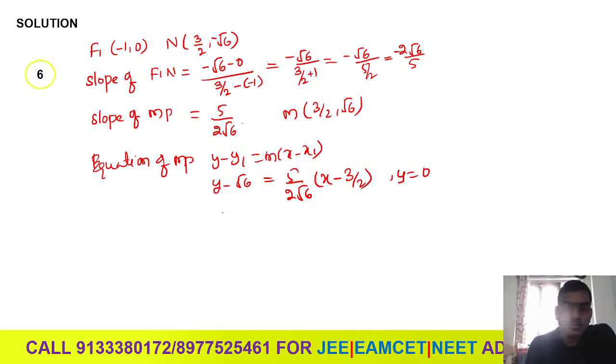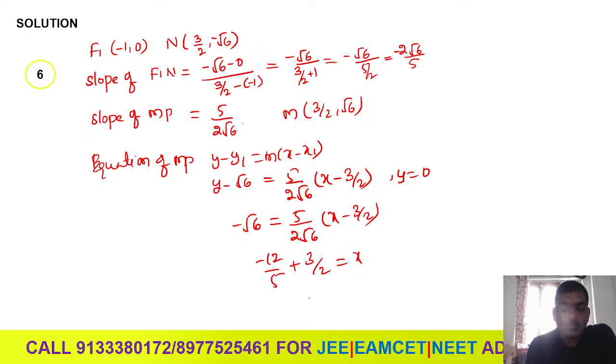Point of intersection of these two lines: negative root 6 is equal to 5 divided by 2 root 6 times x minus 3 by 2. Okay, so if we send this side, minus 12 over 5 plus 3 over 2 is equal to x.